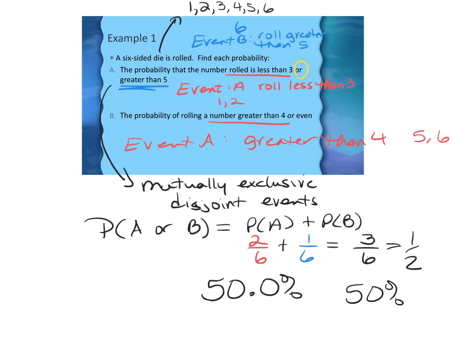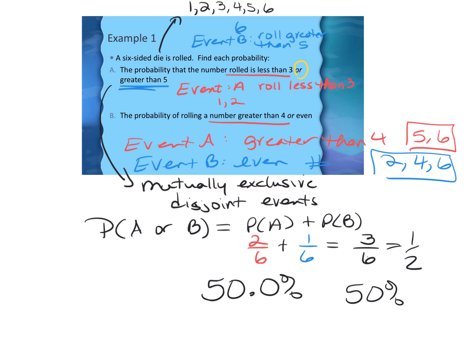Then for event B, this one is an even number, and my even numbers are going to be the numbers 2, 4, and 6. So these are the outcomes I'm looking at.